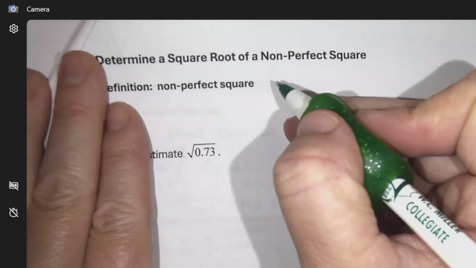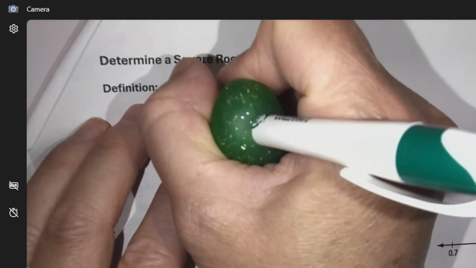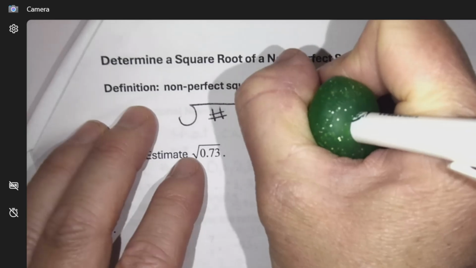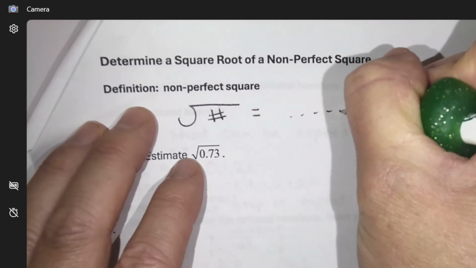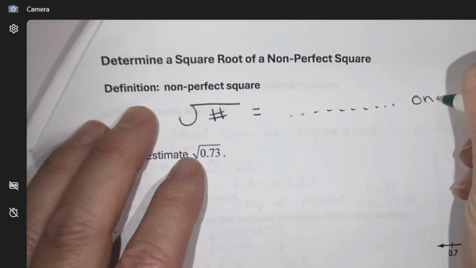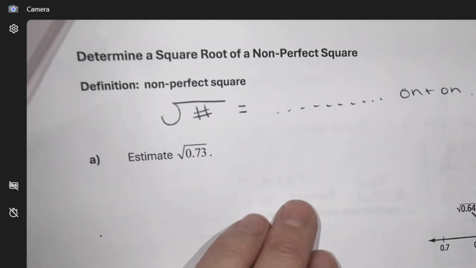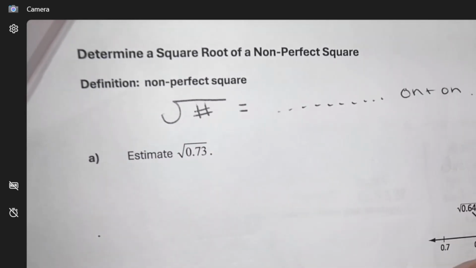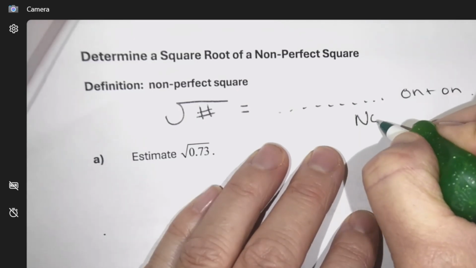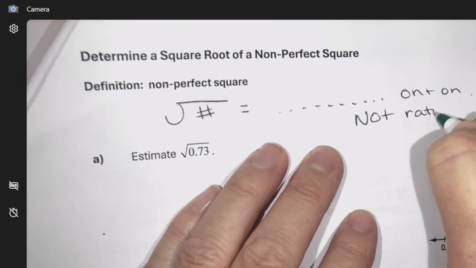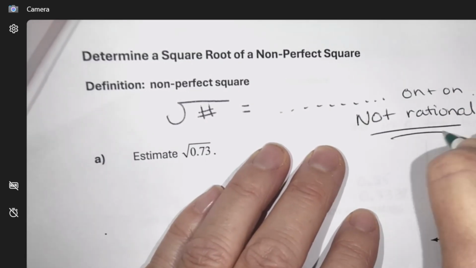Okay, so this is the opposite that we talked about. So this time when we square root a number, it's going to go on and on. And something like this that goes on and on and on is irrational.